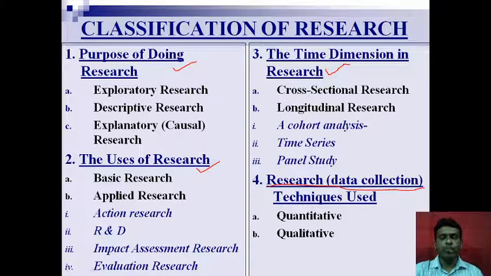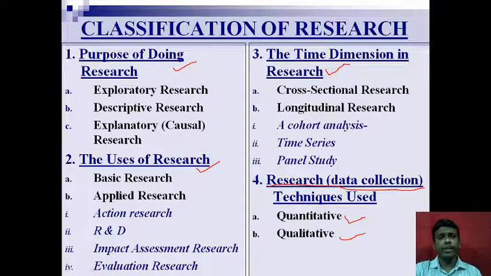So based upon the data collection techniques that we are going to use, research can be classified into quantitative research or qualitative research. As the name suggests, data can be either quantitative or qualitative in nature.